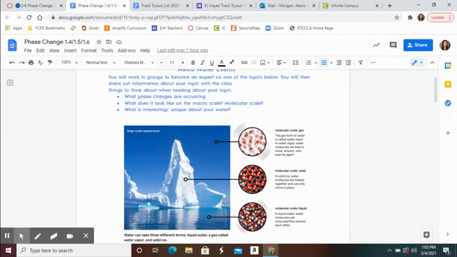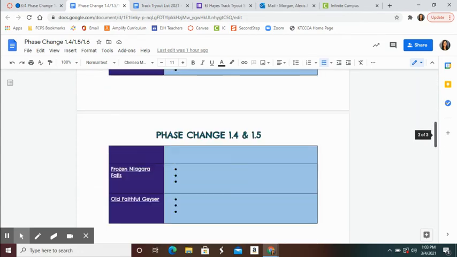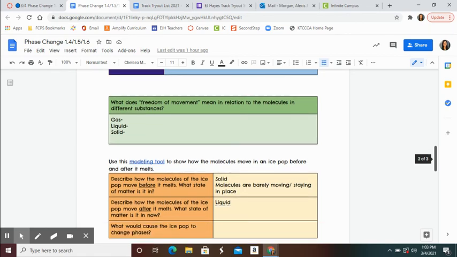And in a liquid, they are moving, but they flow around together. You will look at each one of these and fill in. Freedom of movement is another idea that ties into the movement of each of our states. And right here, I just wanted you to tell me how each of these states have their molecules move.